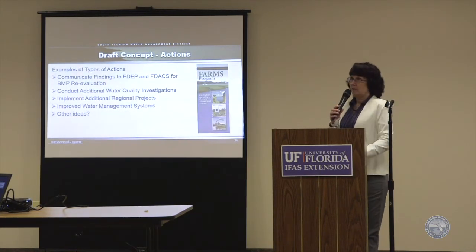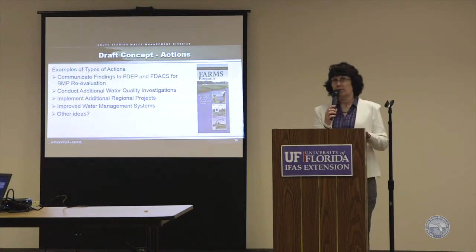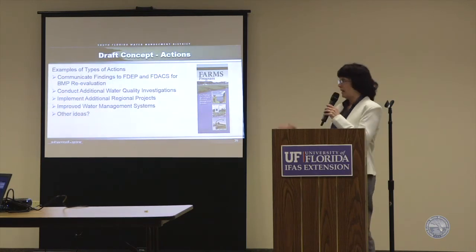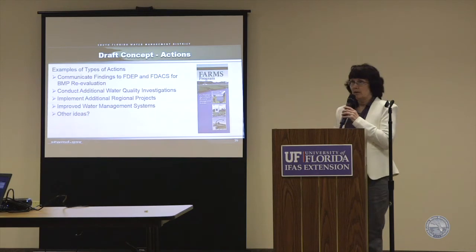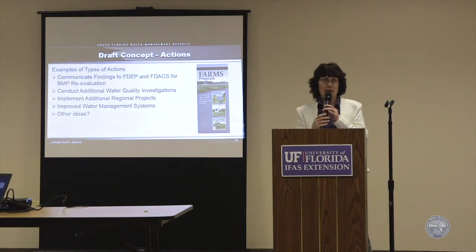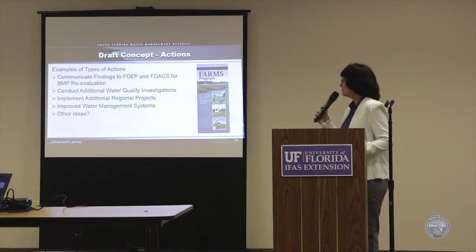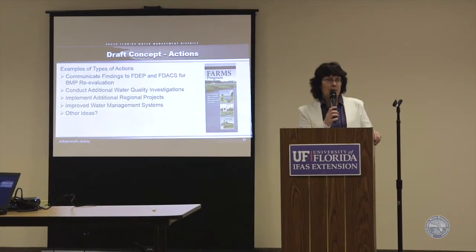Okay, once we've determined that, hey, we have a problem, we need to trigger some sort of action, we need to define what those actions are. And I've listed a few, I'm sure there's many more. One of the first things would be communicate these results to our coordinating agency partners so that they could reevaluate the BMPs.